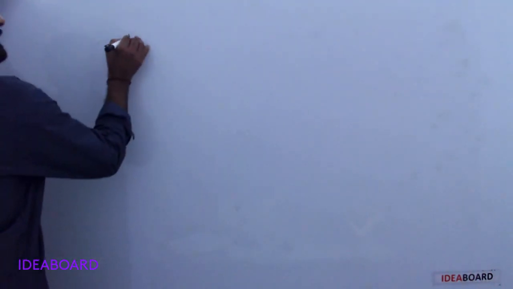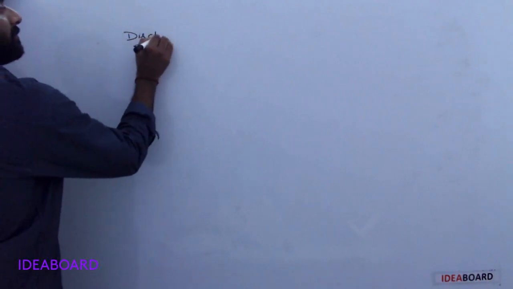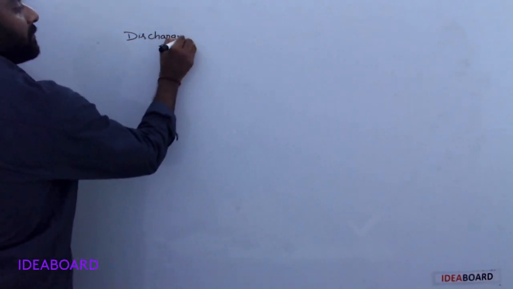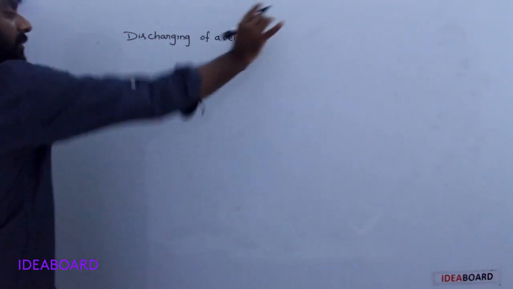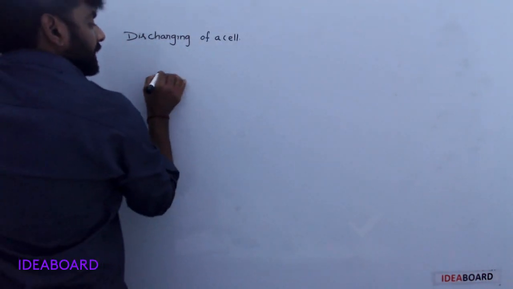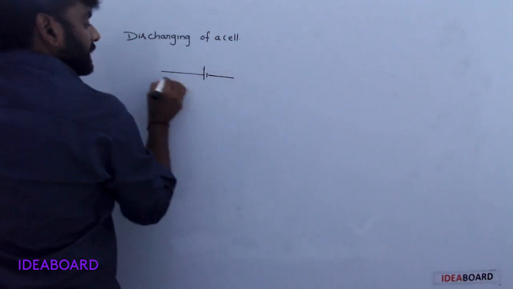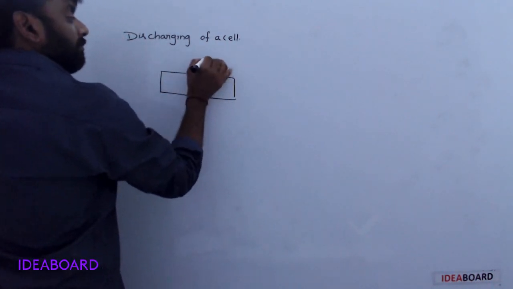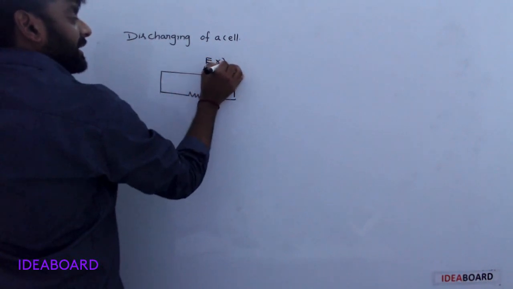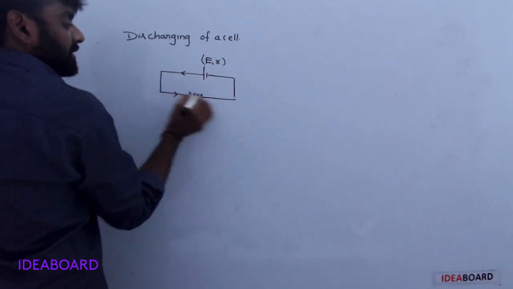So next one, discharging of a cell. See, it is the circuit. Battery EMF E, internal resistance r. Current is passing through this one.